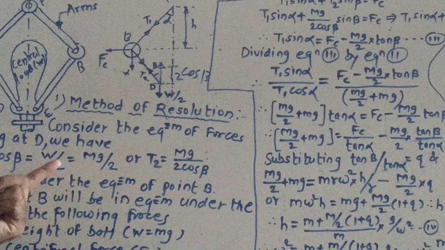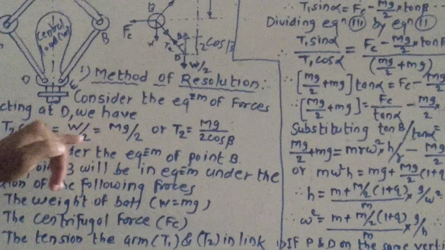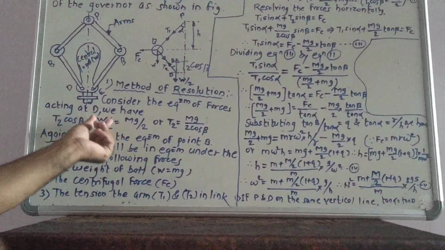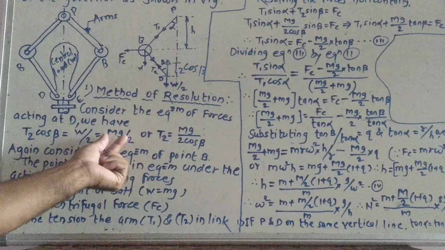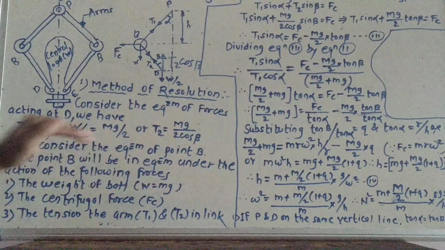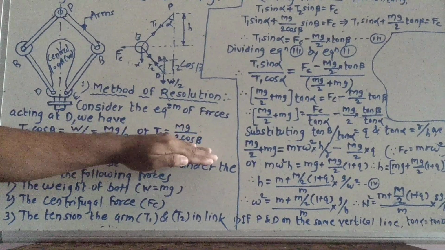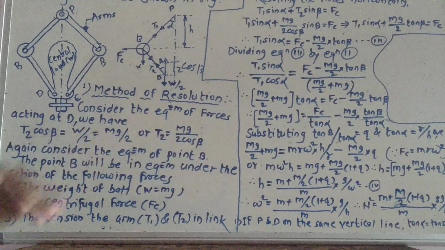So we can simply write here T2 cos beta equals W divided by 2. W can be replaced by this term Mg, so you can simply get the relation for this T2 like this: T2 equals Mg by 2 cos beta.